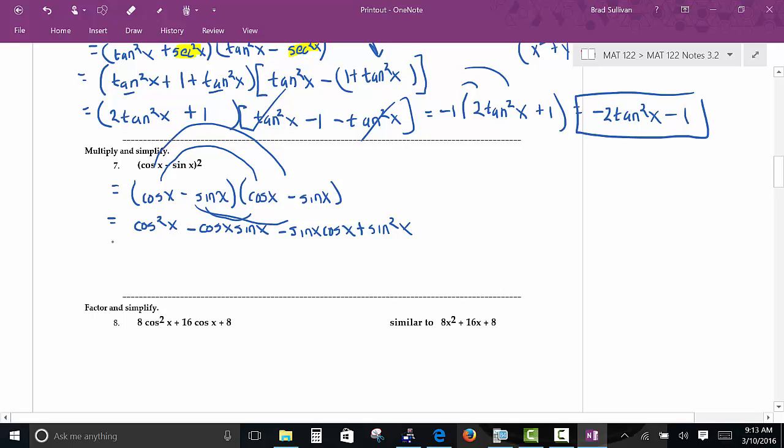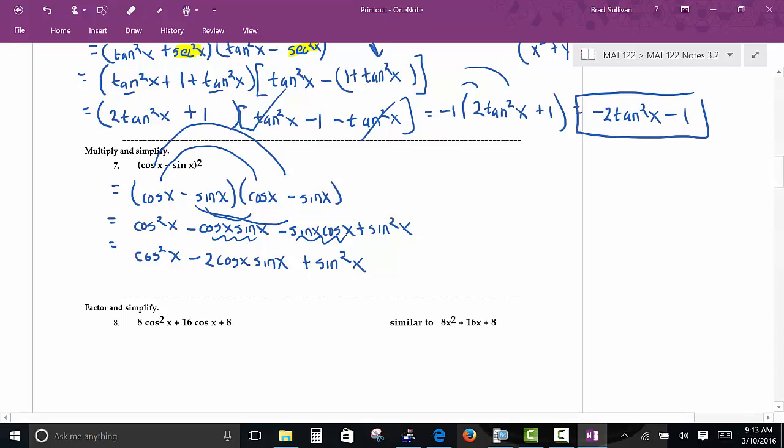Okay. Now, do you see those like terms? Those are exactly alike. They're in a backwards order, but that doesn't matter if you multiply, so you have 2 of those. So you would have cosine squared x minus 2 cosine x sine x plus sine squared x like that. So what I've done is multiplied that out. Does that look okay? Yeah.